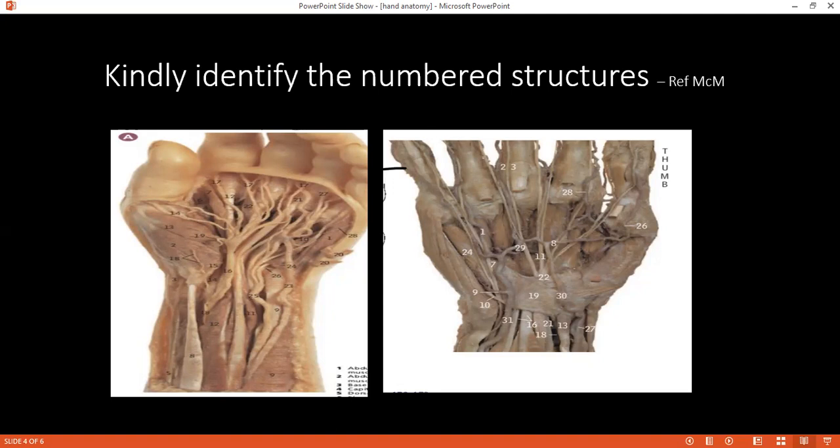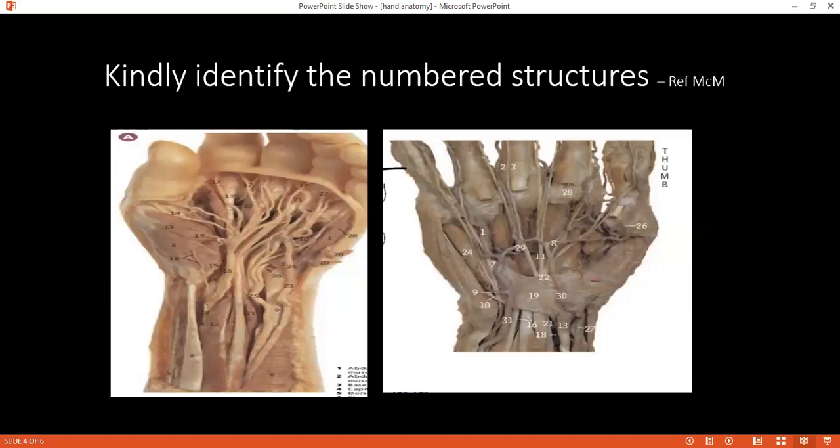From palmar, it supplies lateral 2/3 of the palm, and the palmar side of lateral 3.5 fingers, and the tips from the dorsal. Dorsum of the tip of index, middle, and thumb.